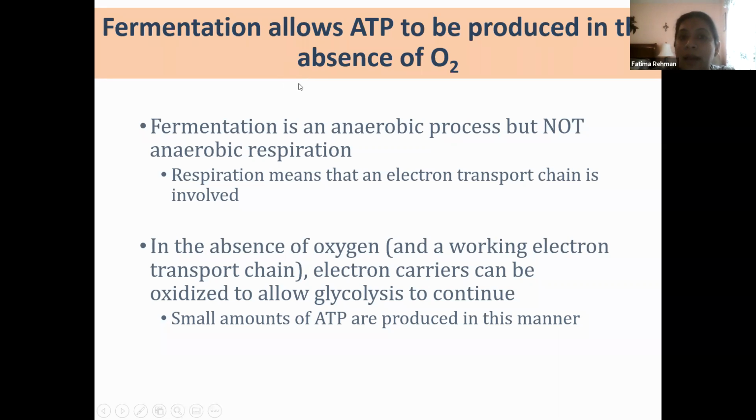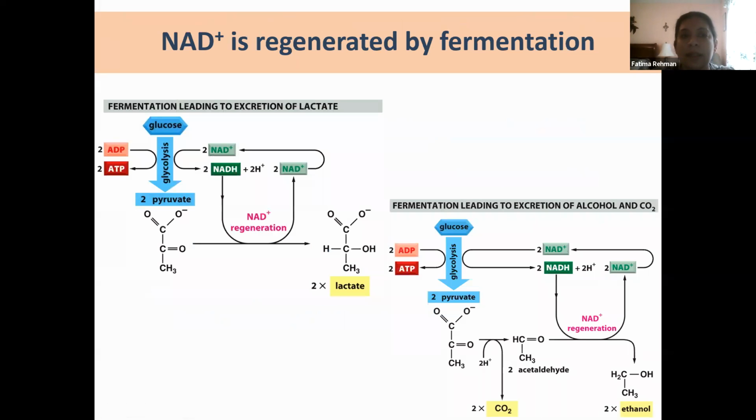So in this case, they can still produce some energy in an anaerobic process, which is called fermentation. They are not going to go through the electron transport chain itself, but it works in a different way to break down the glucose to get some of the energy out. We are going to look at how those electron carriers work in the absence of oxygen in order for glycolysis to continue in the next slide.